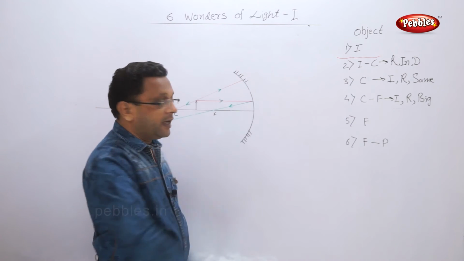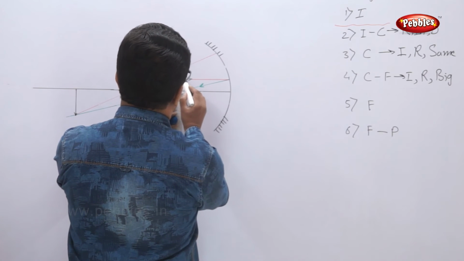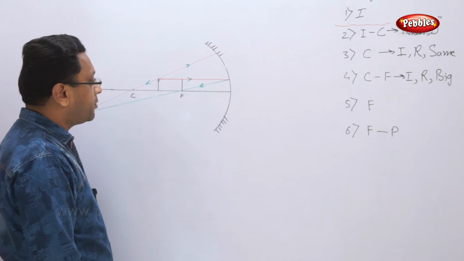Now next is exactly on F. Now my object is here on F. What will happen?